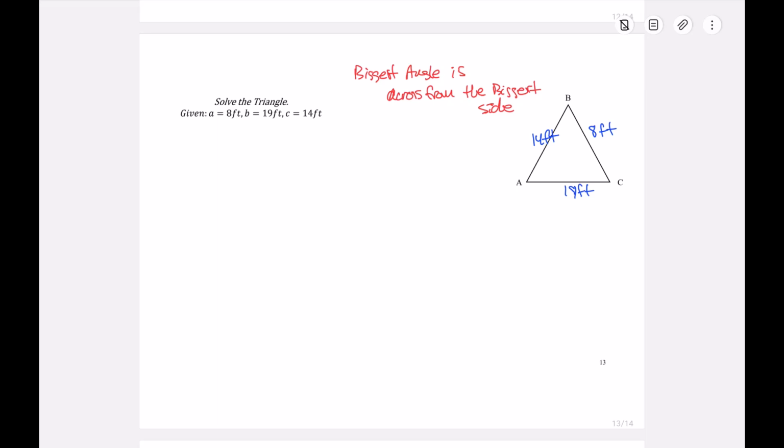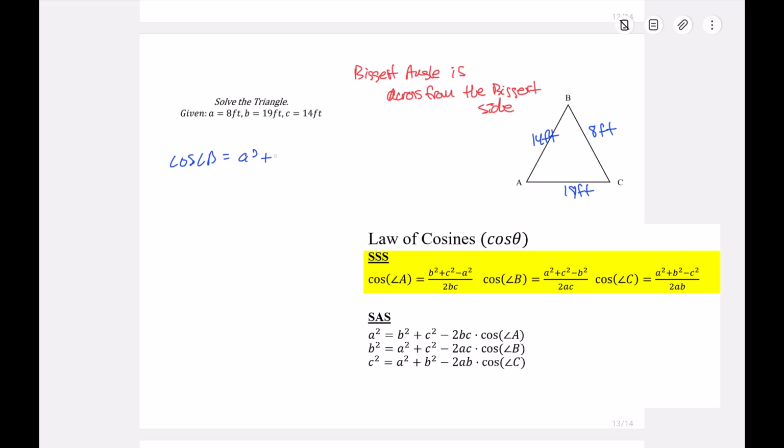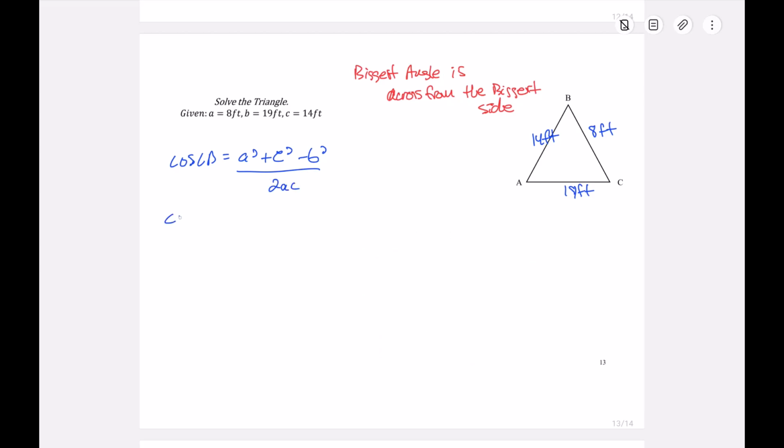So let's find angle B first, and we can refer back to our law of cosines and see that cosine of angle B is equal to a squared plus c squared minus b squared all over 2ac. So we'll get 8 squared plus 14 squared minus 19 squared all over 2 times 8 times 14.